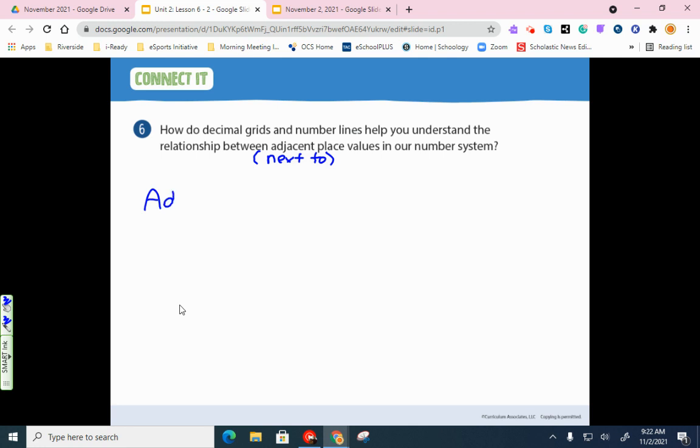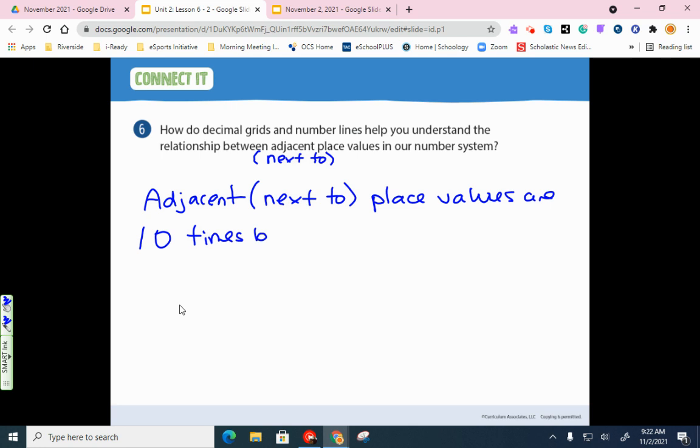That means right next to each other. So adjacent, and I'm going to even write that here, next to place values are 10 times bigger or 1/10 smaller. So that's the rule. Your 1/10 and 10 times are related to each other that way.